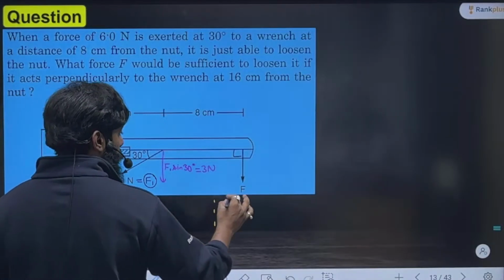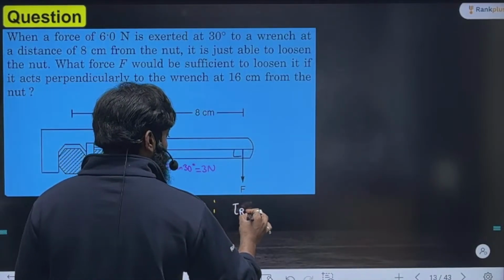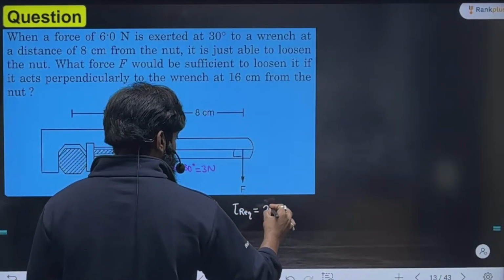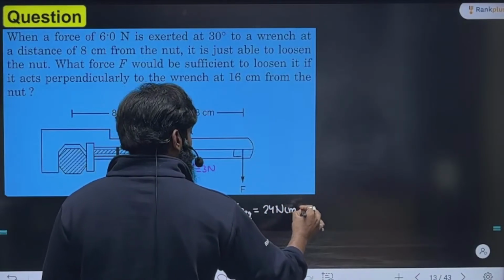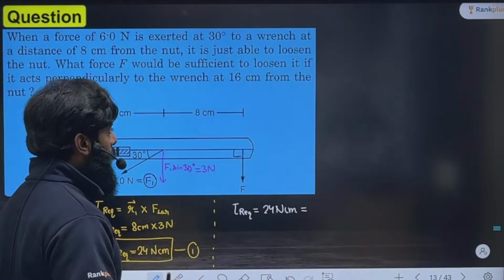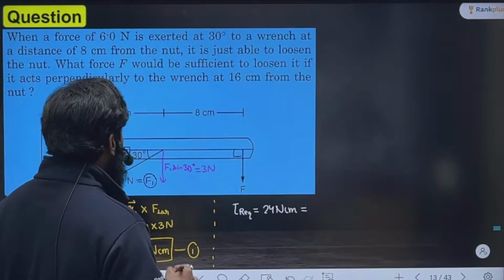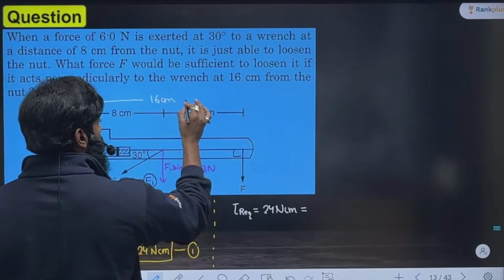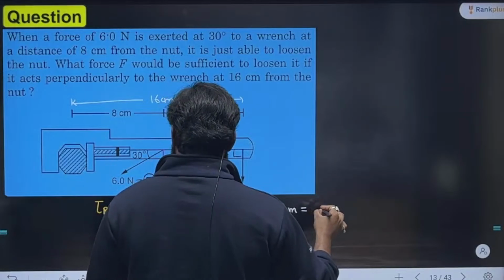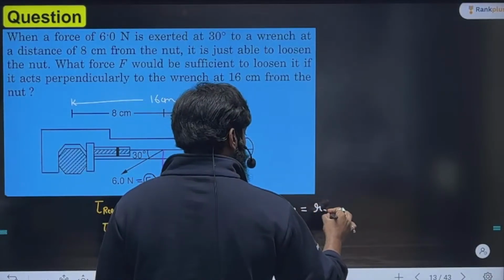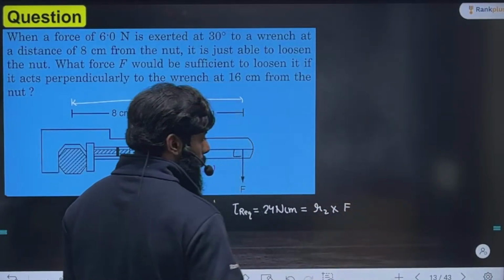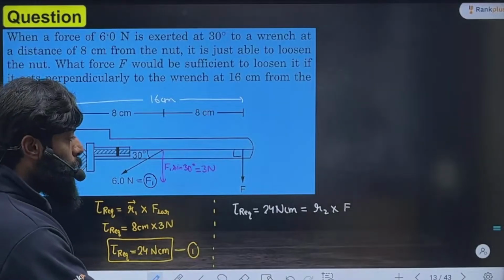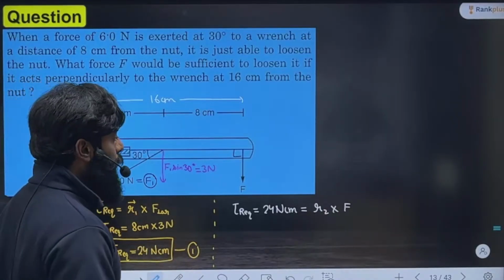Similarly, here the torque required will remain the same, right? 24 Newton centimeter. But here we have increased the distance from 8 centimeter to 16 centimeter. So I'll be considering R2 into the force, which is perpendicular here, so I do not need to take components of the force.